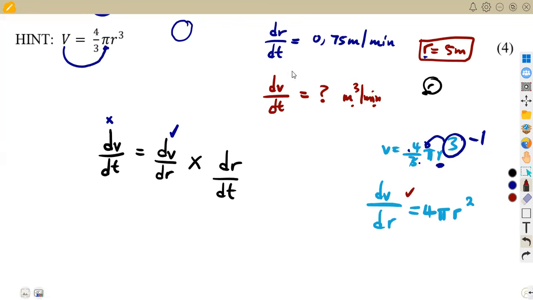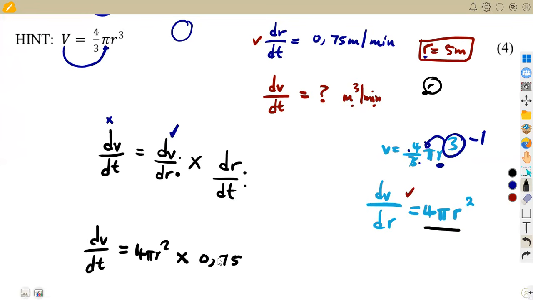We also have dr/dt, the one that we're given from our information. So this one is just a substitution. Our dV/dt is going to be equal to dV/dr, which is 4 pi r squared, times dr/dt, the change of radius with respect to time, the one that we are given, 0.75.